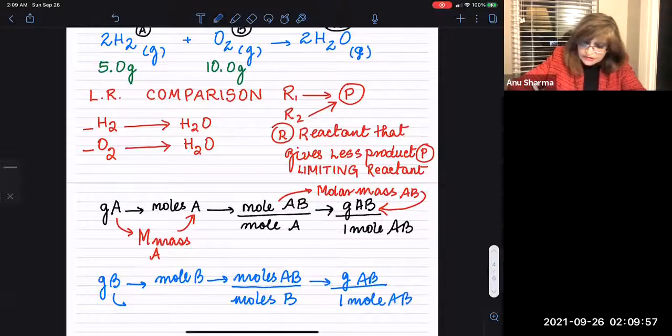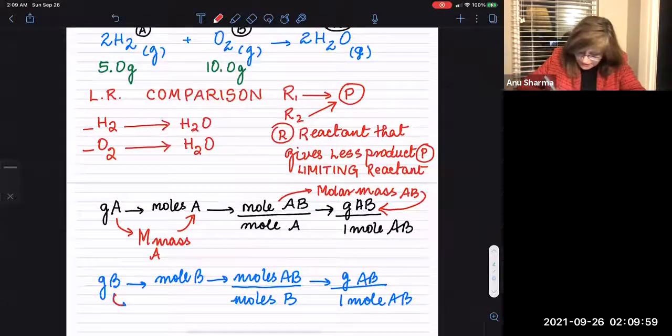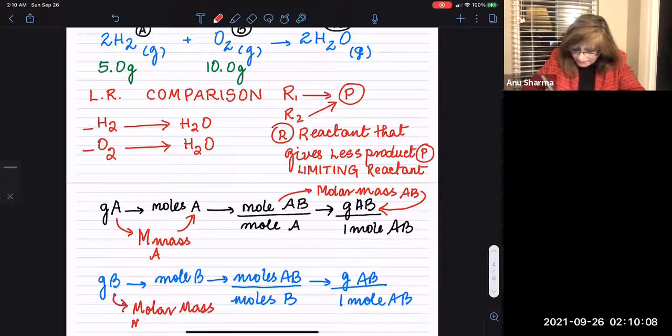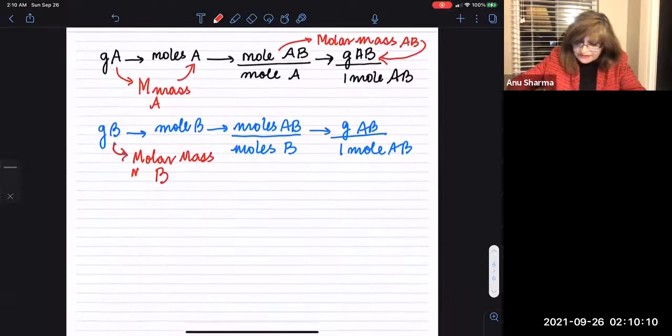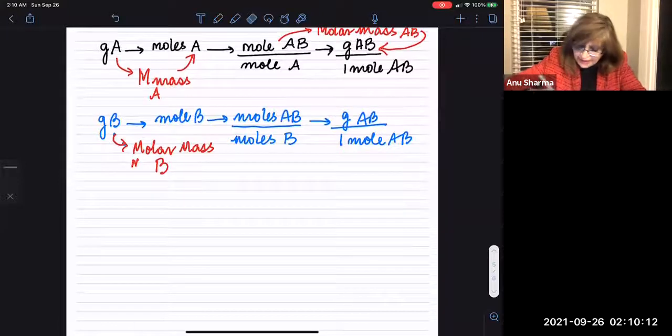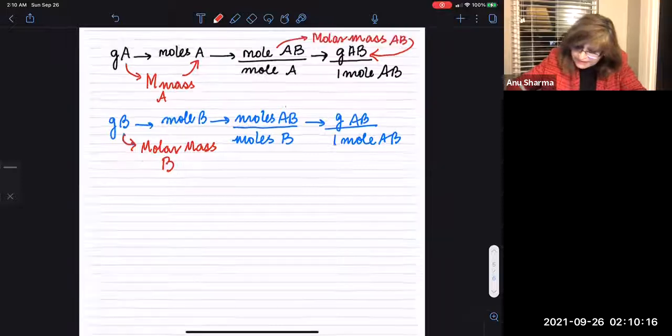And as usual, this conversion involves the use of the molar mass of B. This is the molar mass of B. And this part over here is the molar mass of AB as usual.